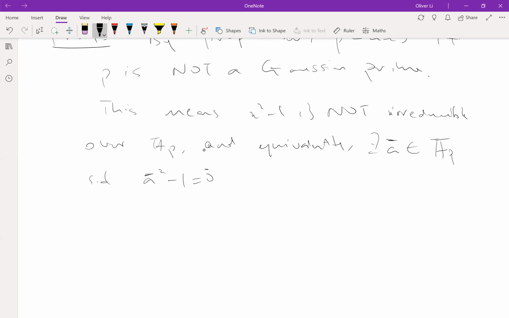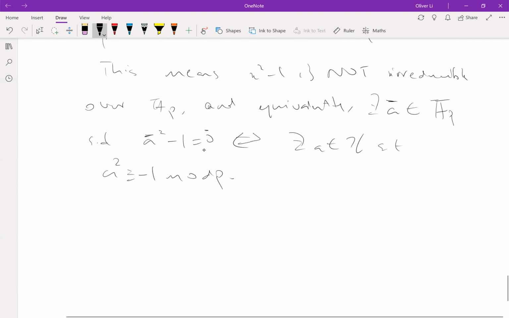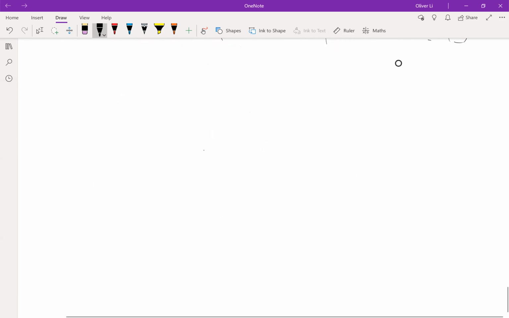That's equivalent to there existing some a in Z such that a squared is congruent to -1 mod p. And that is equivalent to p being congruent to 1 mod 4. And that is the proof. That went a lot quicker than I thought it would actually.